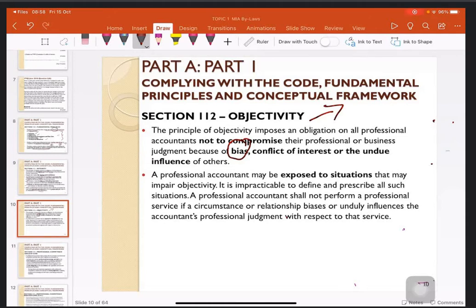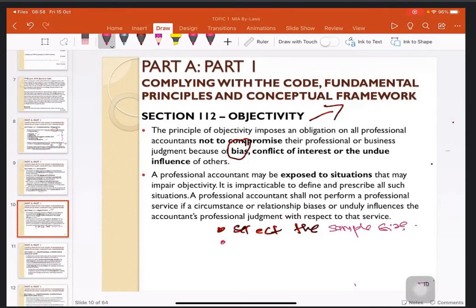Okay, so bila kita kata bias, meaning that you have to be very independent lah. Okay, independence meaning that you have to be independent under 4 situation. Number one adalah you kena independent ataupun you are not biased when you select the sample size. Okay, bila you select the sample size, client tak boleh nak influence you in selecting the sample size.